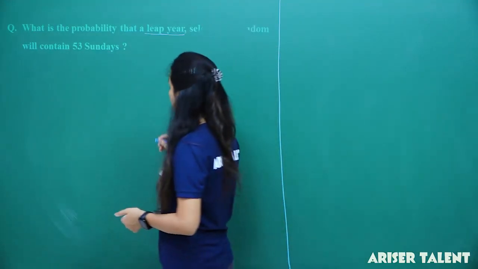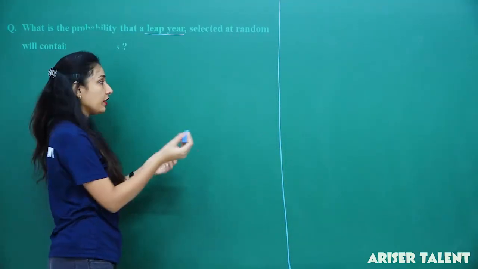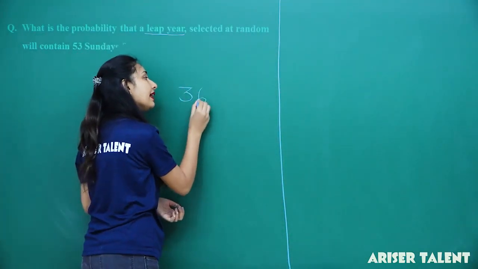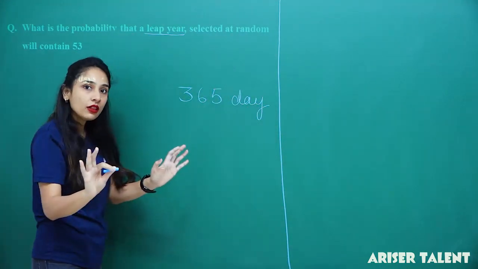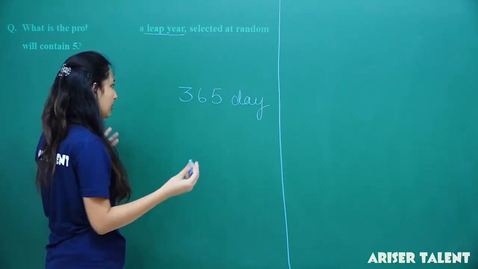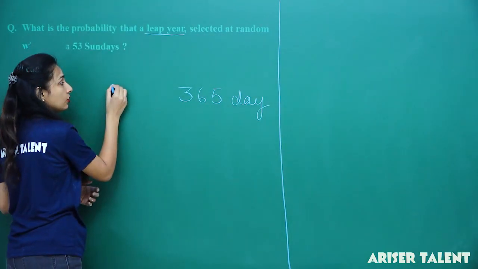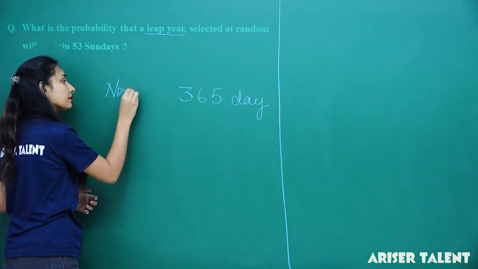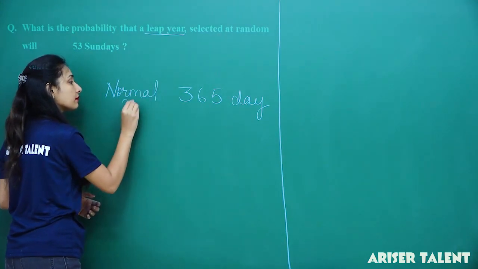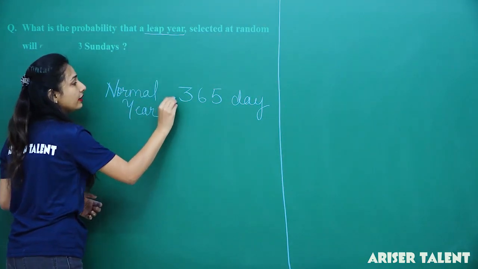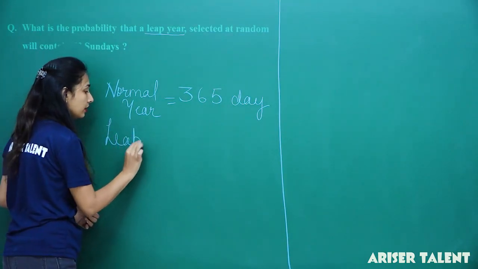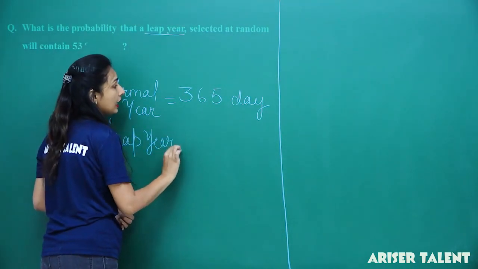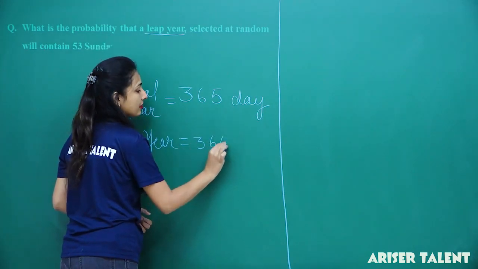Basically, we are having 365 days in a simple normal year, but we don't like simple things. So a normal year is having 365 days, but the leap year, my dear students, is having 366 days.